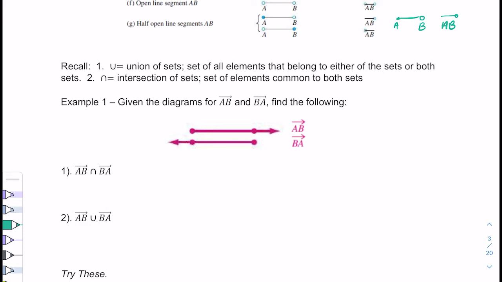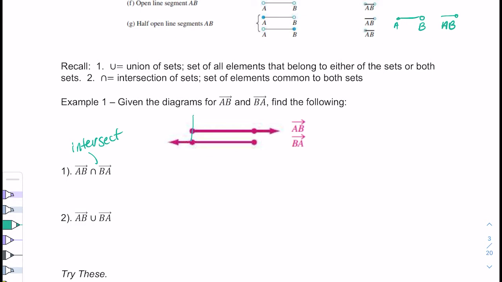So in this example here, we have two rays. The top one is ray AB, the bottom is ray BA. And in problem number 1, I'm looking for the intersection. So it's asking me, where does ray AB intersect with ray BA? So we're going to look and see what they have in common.